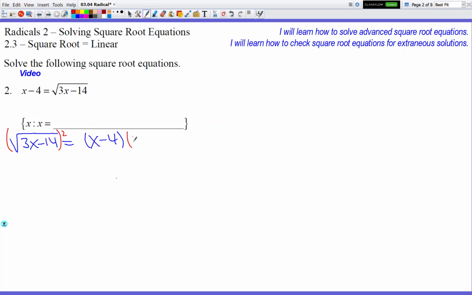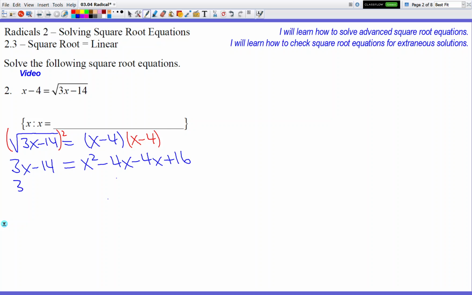So when I square the right side, I'm just going to write x minus 4 two times. So left side I get 3x minus 14. Right side I'm going to get x squared minus 4x plus 16. Okay.